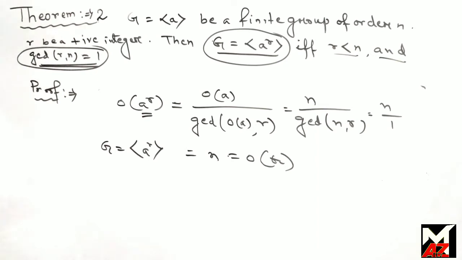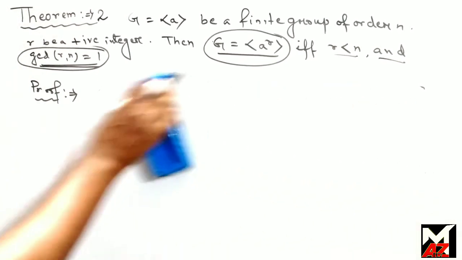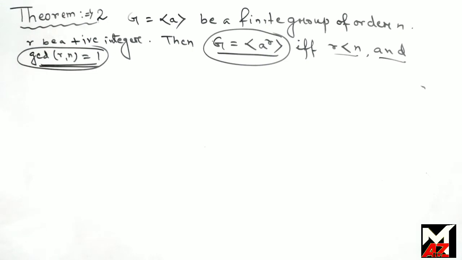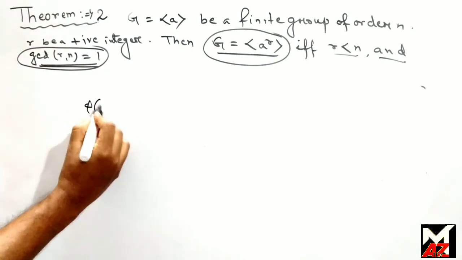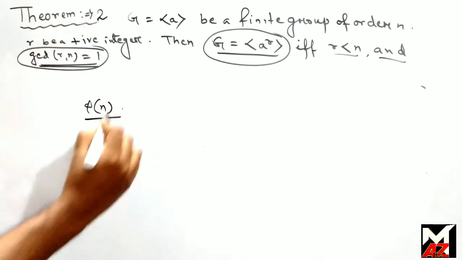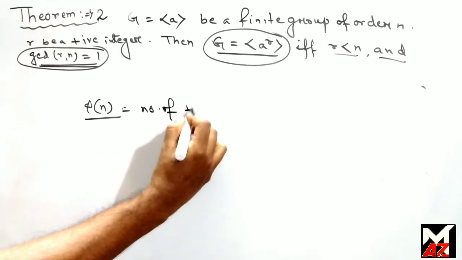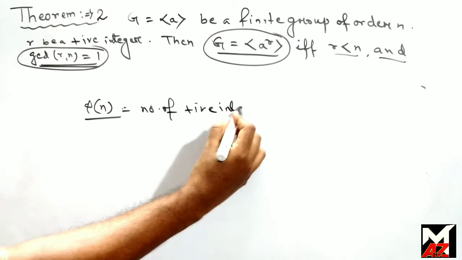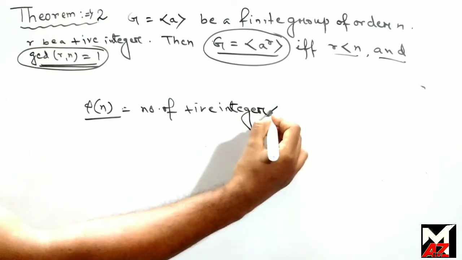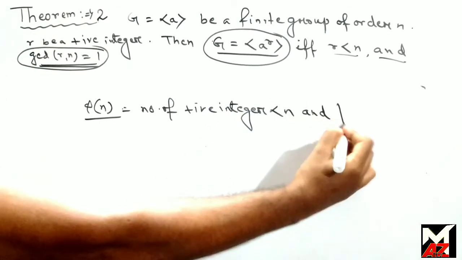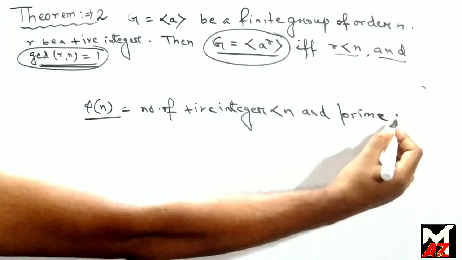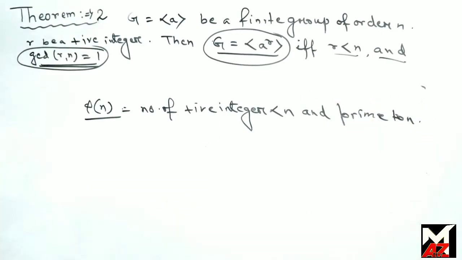Now, from the definition of the Euler phi function, phi of n is equal to the number of positive integers less than n and prime to n.